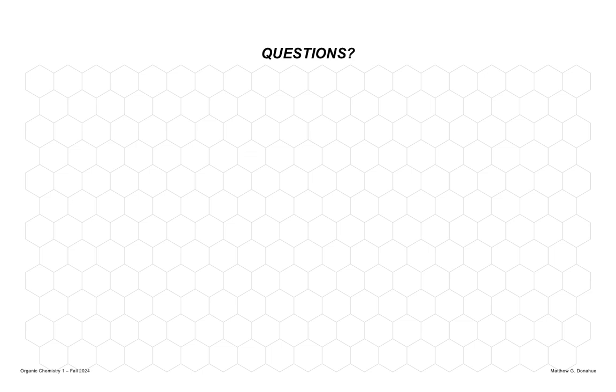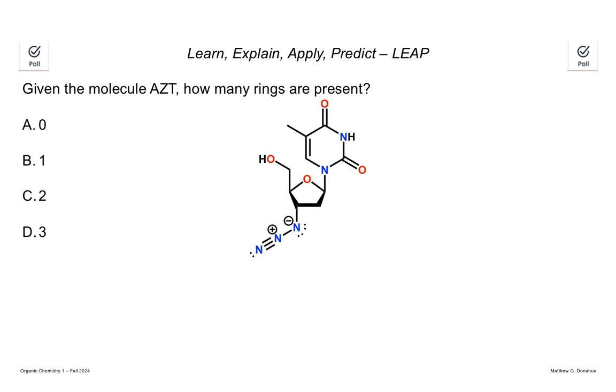So again, you can use these slides if you're printing them out. Grab your pencil, start drawing, making sure you're keeping your angles nice and clean. So fill in your hexagonal pattern so you can draw some nice structures so that you're thinking of these things in your mind in a nice, clear way.